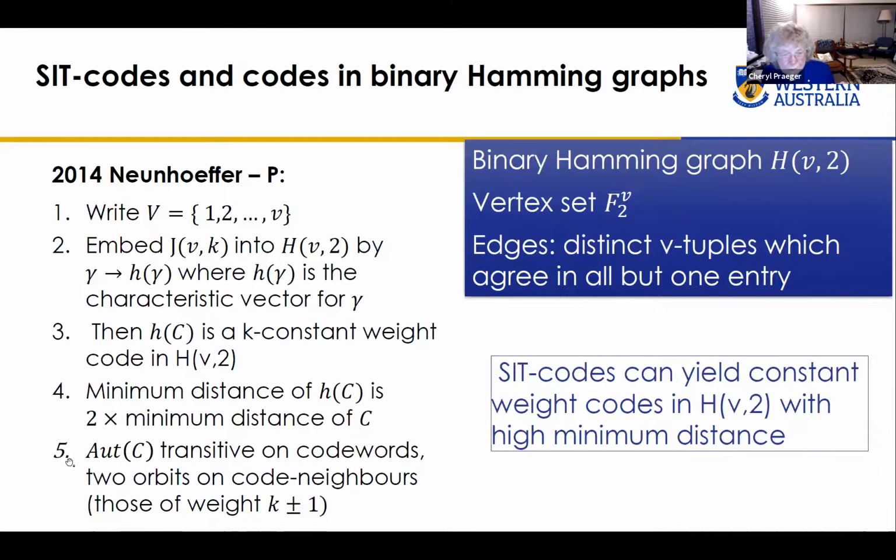The automorphism group of the code in the Johnson graph is still acting as automorphisms of the code in the Hamming graph. It's transitive on code words. It's got 2 orbits on code neighbors, some of weight k-1 and some of weight k+1. So there's some kind of cute interplay between the codes in Hamming graphs and these Johnson graph codes.